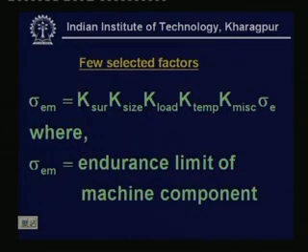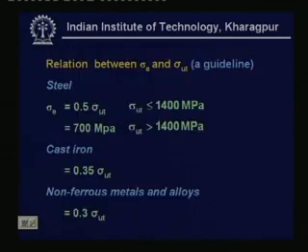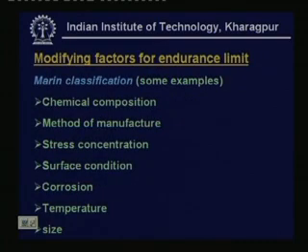Next, what we can understand is that this endurance limit of a material is highly dependent on several parameters. Now, these parameters, which are very commonly known as Marin classification or Marin parameters or Marin factors, are known by so many names, and some examples are shown over here.